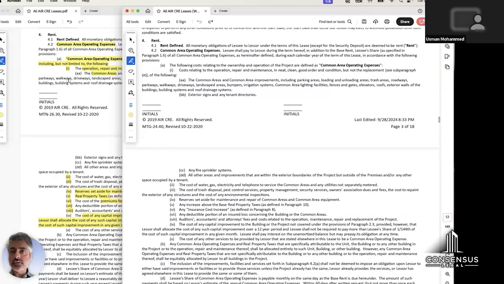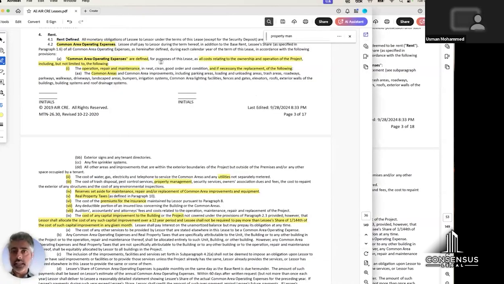Okay, so let's get into 4.2 in the gross lease. On the right side is the gross lease, multi-tenant gross. On the left side is the multi-tenant net. I mentioned that in this net form, it's very inclusive: all costs relating to the ownership and operation of the project, including but not limited to, and it gives a list of 10 items.